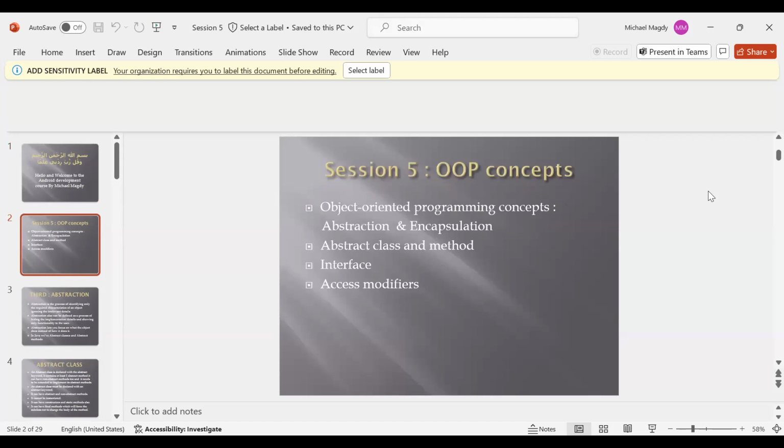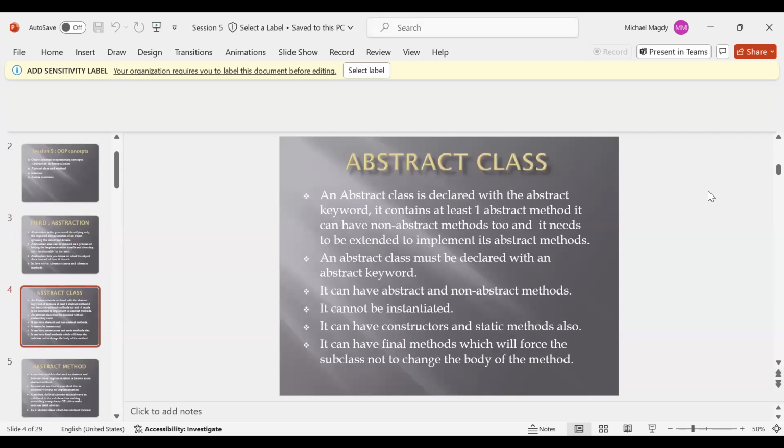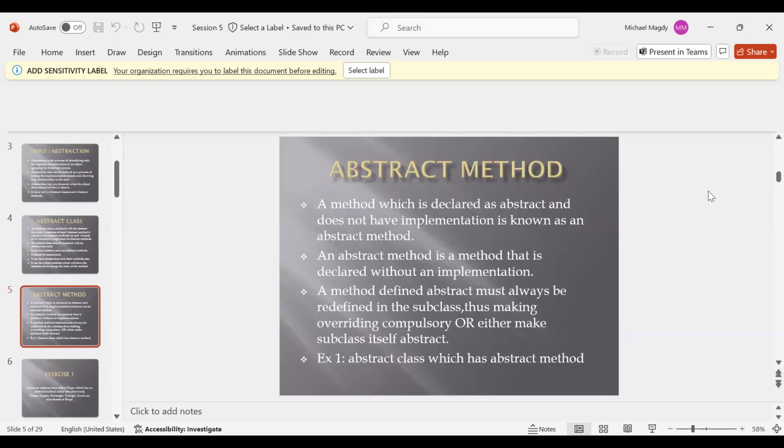So last time we talked about abstraction, and we said that abstraction could be achieved in two different ways. One of them is abstract class. We discussed the abstract class, and we had some coding examples of it.